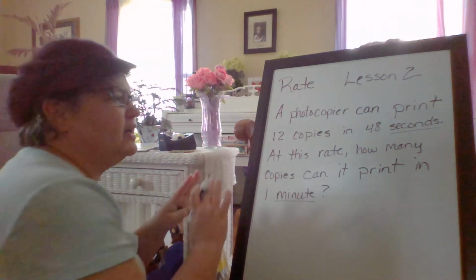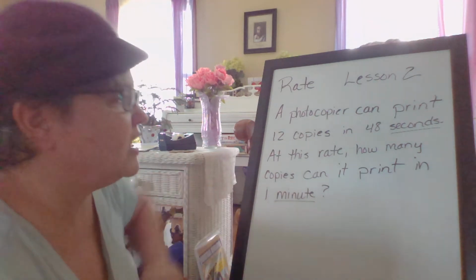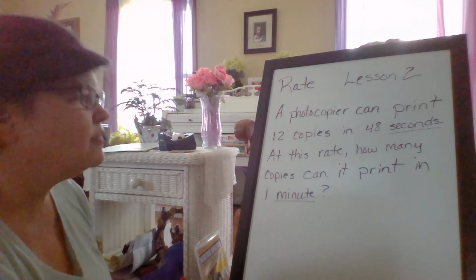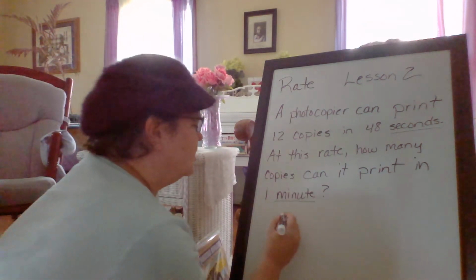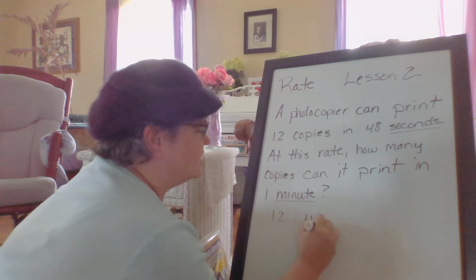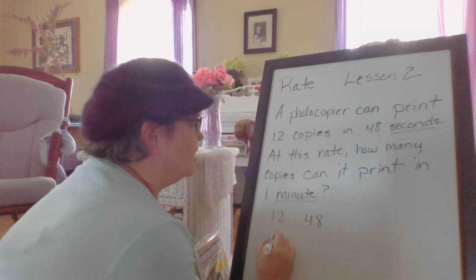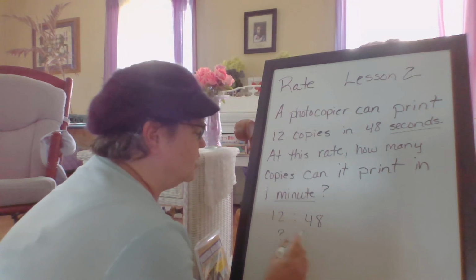So first, let's get our rate. If they can do 12 copies in 48 seconds, how many copies can they do in 1 second? Let's find that out. So 12 copies in 48 seconds. How many copies can they do in 1 second?